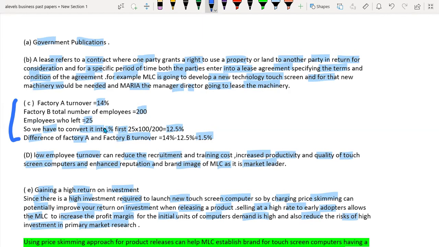So you have to multiply 25 with 100 and divide by the base, which is 200. So the answer is 12.5%. But we have to find out a difference of factory A and factory B turnover. So factory A turnover was 14% and factory B turnover is 12.5%. So 1.5% is the difference.